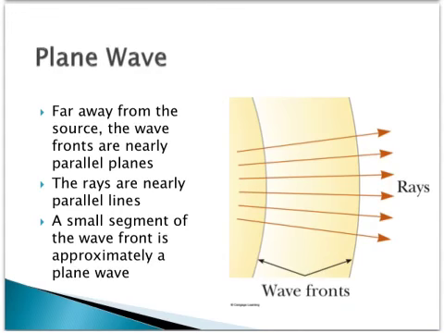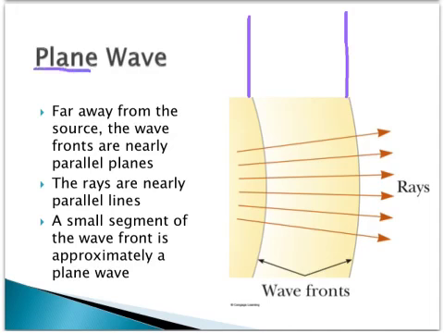Looking closer, if we were to zoom in and move far away from the source, the concentric circles begin to spread out, and they start to look similar to, at a very close level, parallel lines. So we call these plane waves. A plane is just something in mathematics.